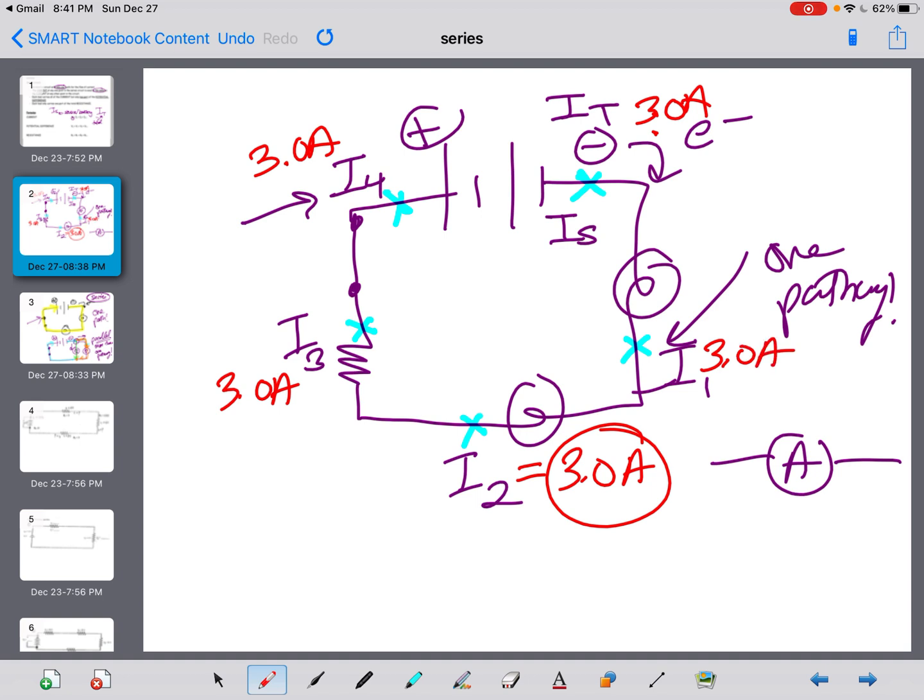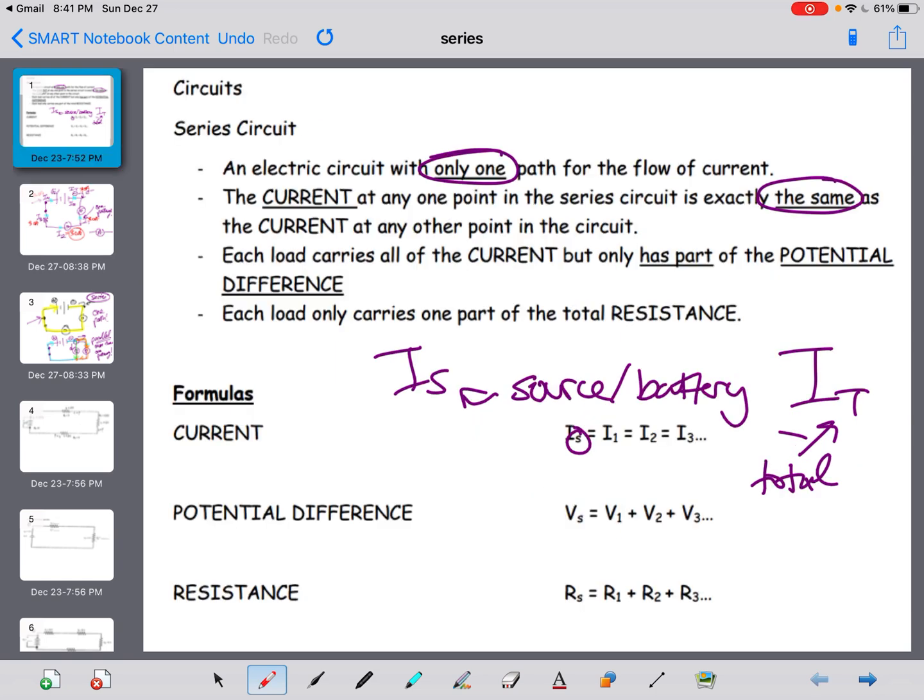Because the number of electrons passing through per second is identical, because really that's the only location where they could possibly be. There's not multiple pathways or multiple options. They're all on the same path. So that's the relationship for current, is basically that it's always the same. And remember, we're talking about series circuit only in this lesson.